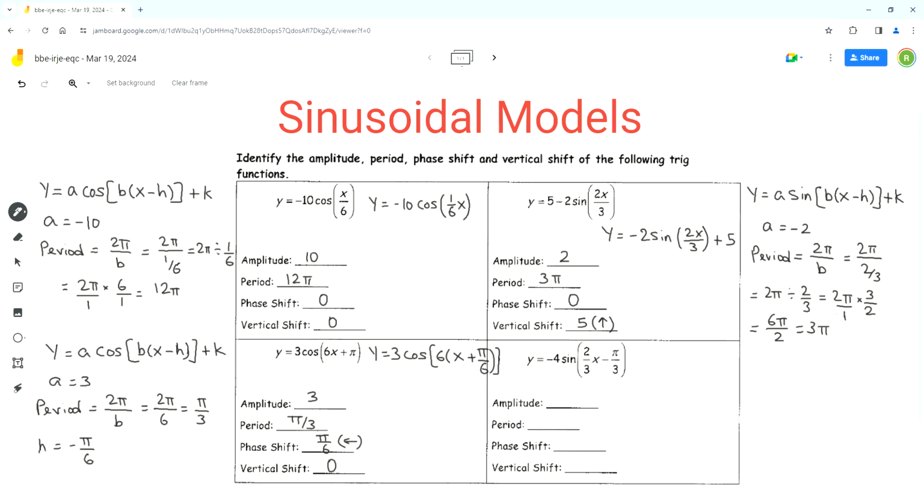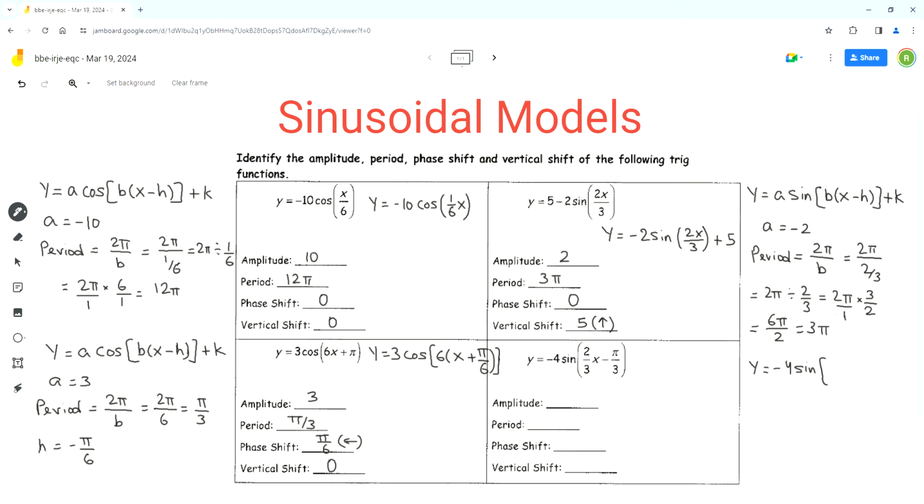So this is a transformed sine function. Now in this function, 2 over 3 is being multiplied to x. Since pi over 3 is being subtracted from x, we'll have to factor out 2 over 3 from the two terms in the parentheses. So we get y equals negative 4 sine.